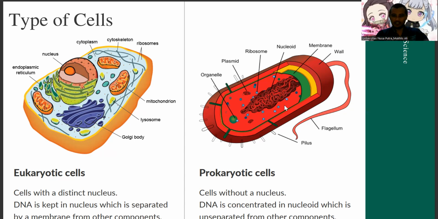So it's in the cytoplasm, unseparated. The second one is eukaryotic cells. Eukaryotic cells are cells with a distinct nucleus, which is separated by a nucleus membrane from other components. Eukaryotic cells are mostly found in animals, plants, or humans like us.